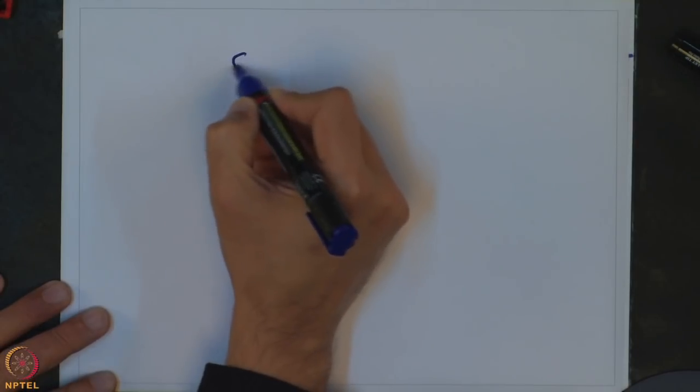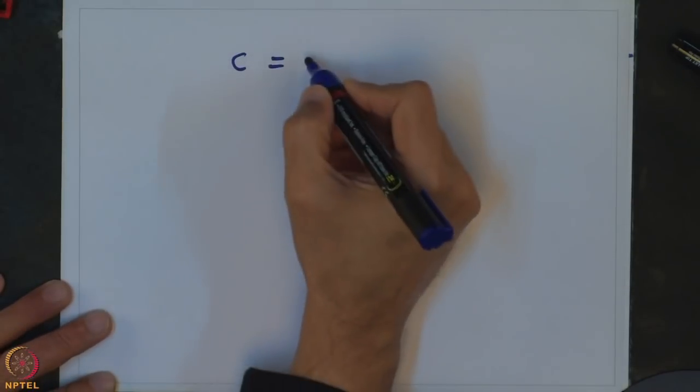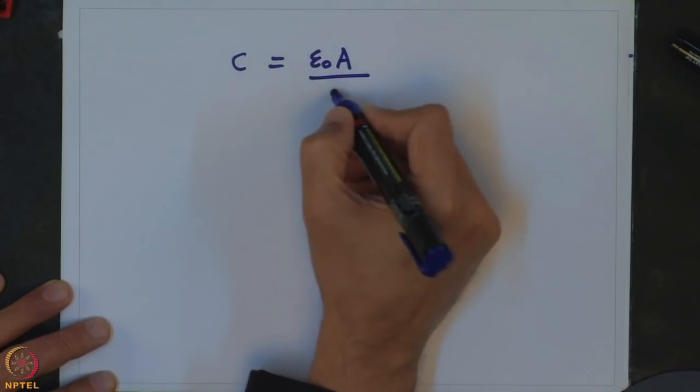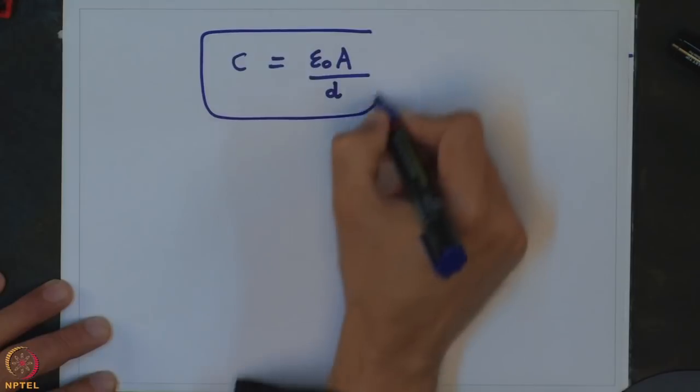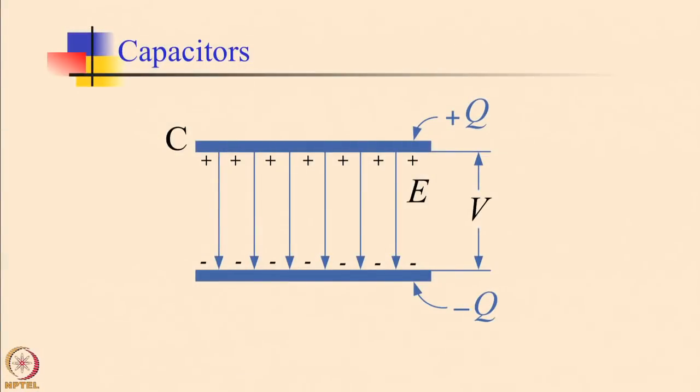With a little mathematical manipulation, we can easily show that the capacitance is given by epsilon naught A by D, this formula. If you see the slide on your screen, it shows a very special form, not the very general form that I showed you in the beginning with two conductors.